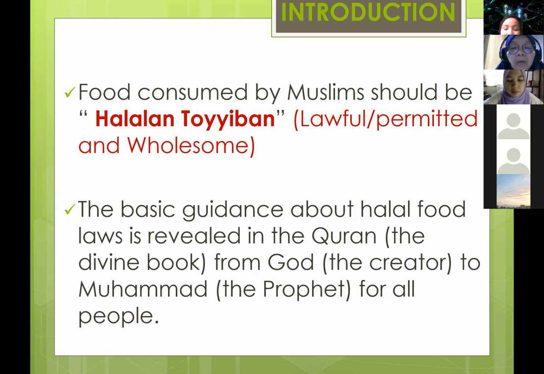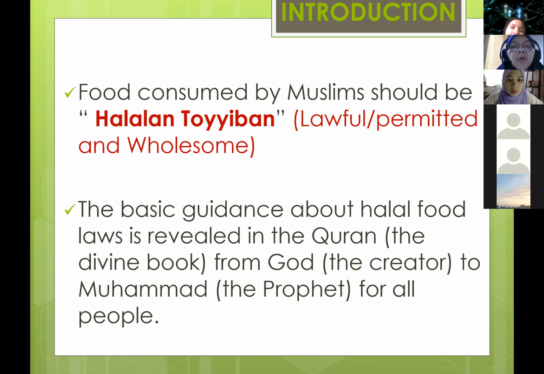Here I said God, but in my lecture I will use the word Allah, because God is not equal to Allah. It's not the same. For Muslims there is only one God, only Allah. Maybe for other religions there are many gods. So the most suitable term for us here is Allah, because it refers only to Allah in this aspect.